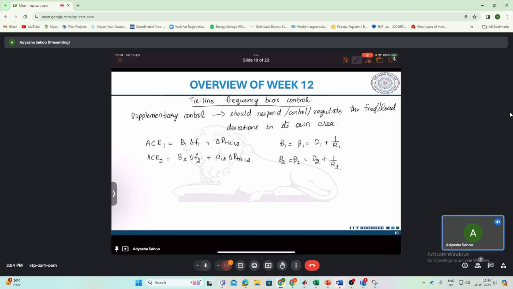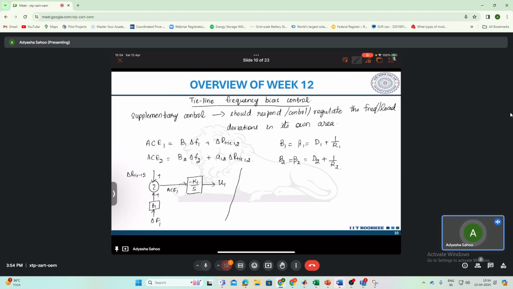So if I do the block diagram, basically I'll be having delta P tie12 plus this B1 delta F1. So B1 delta F1 plus delta P tie12 will give you your ACE1, and this area control error should be minimized by your integral controller minus K1 by S, and that will be your U1.